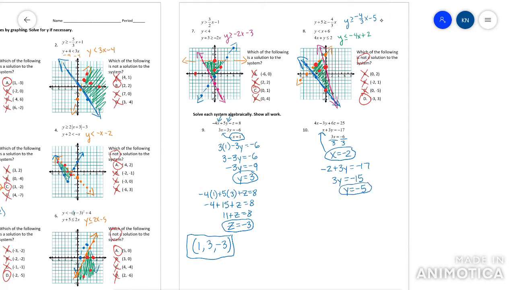Okay, and now I go and do the same thing, but I plug it in for x and for y into the top equation. So it's like 4 times negative 2 minus 3 times negative 5 plus 6z equals 25. Work this out.